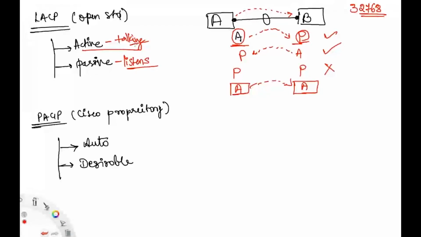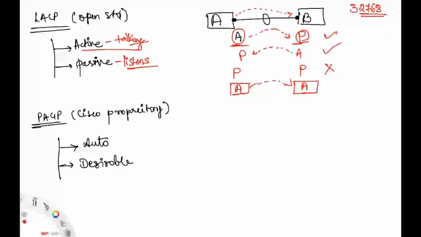Along with that, there's also passive mode. Whichever interface I have configured as passive, he never initiates the conversation. He's always listening. All right. So if I have active on one side, passive on another, my port channel will definitely come up. If I have passive on both sides, port channel will never come up.